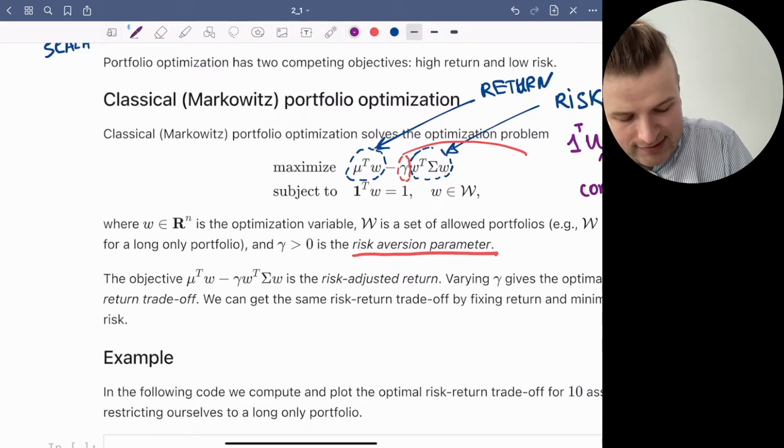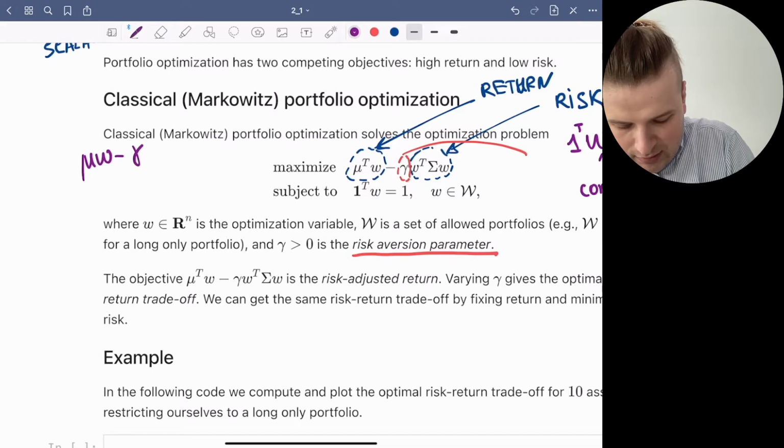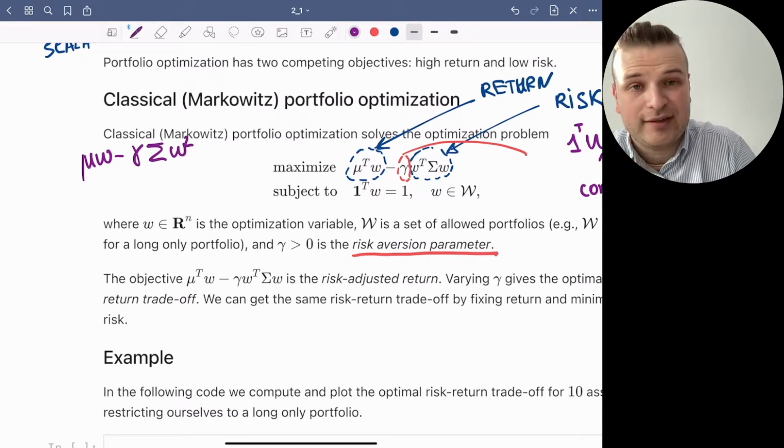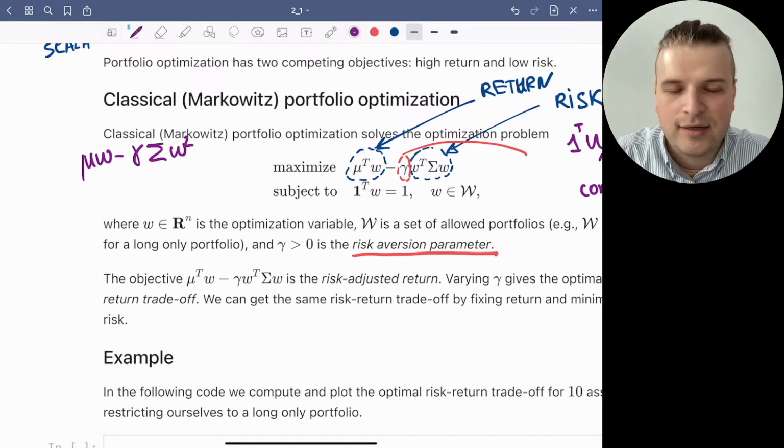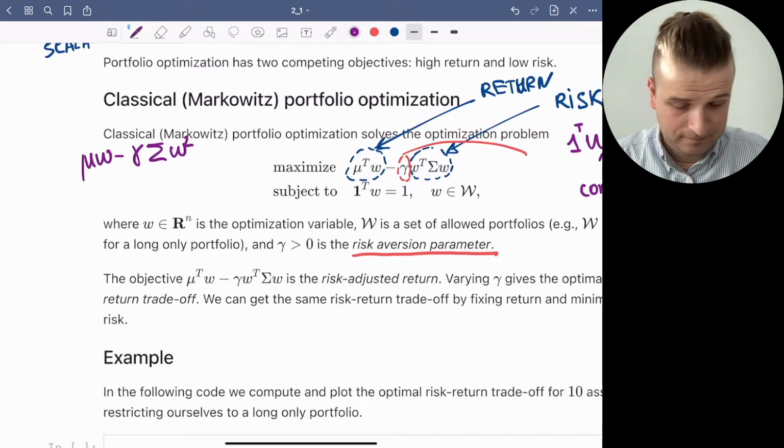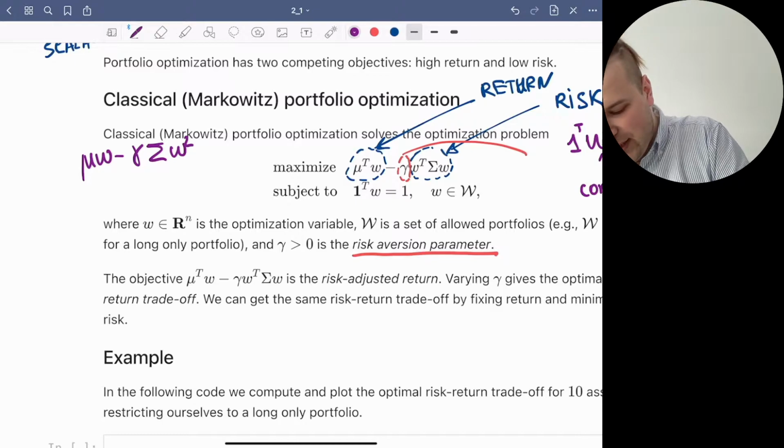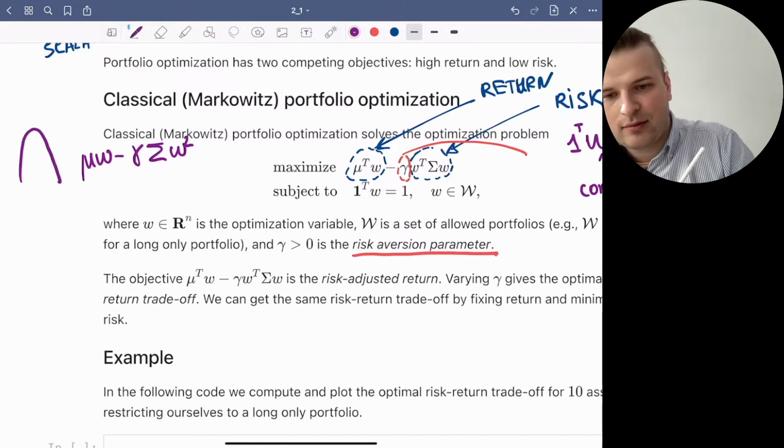For example, let's say mu W minus gamma sigma W squared, if W is a scalar, sigma is also a scalar. And that's just this parabola.